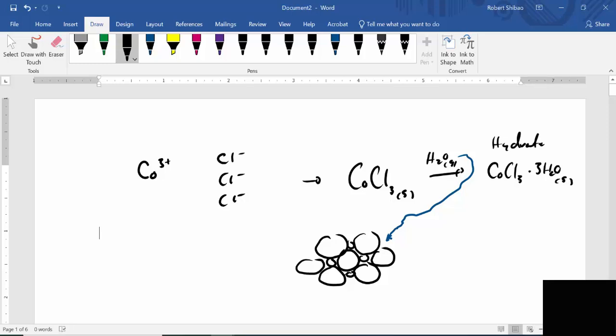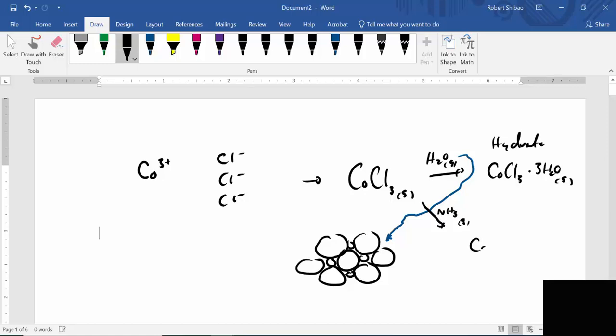And so that's one way of doing that. But why does water squeeze in there in the first place? Because water is polar. What else is polar? Well, ammonia is polar, and ammonia is already a gas, so it's not a problem.